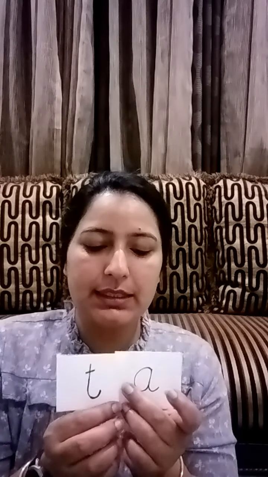We started with the first vowel, a, and then we blended t to it, vowel, consonant. Now we are doing the CVC, that is, vowel goes in the center with consonant sounds on the side.